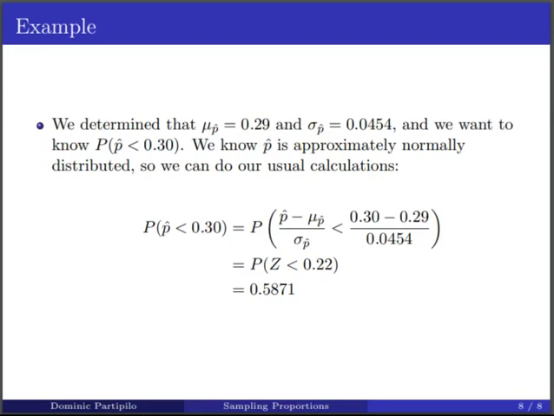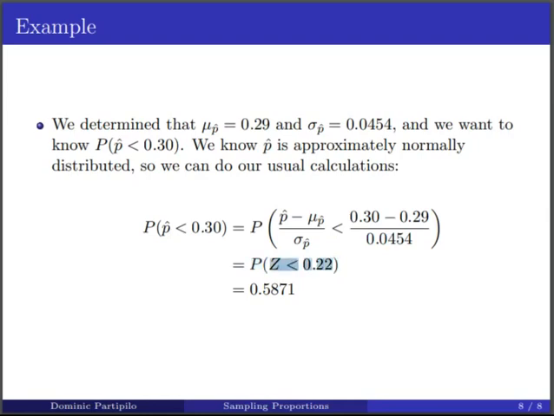So we wanted to know the probability that p hat is less than 0.3, and the first step here is going to be to standardize this. And we standardize by subtracting the mean and dividing by the standard deviation, and we already figured out what both of these were. So we could subtract the mean and then divide by the standard deviation, and then we'll be left with the probability that z is less than 0.22.